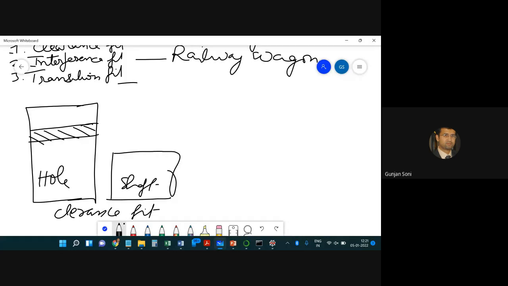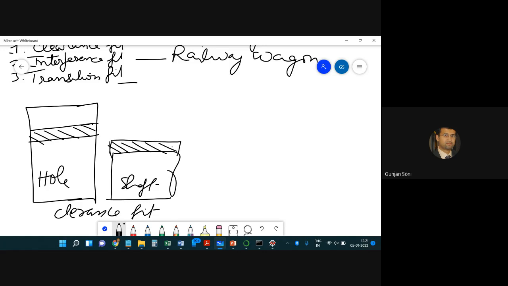Okay, so if I have to achieve a clearance fit, what condition can I say? On the tolerance of the hole, the maximum diameter of shaft should be less than the minimum diameter of hole. This is the maximum diameter of shaft, let's say. Similarly, you try to make a figure for all the three.